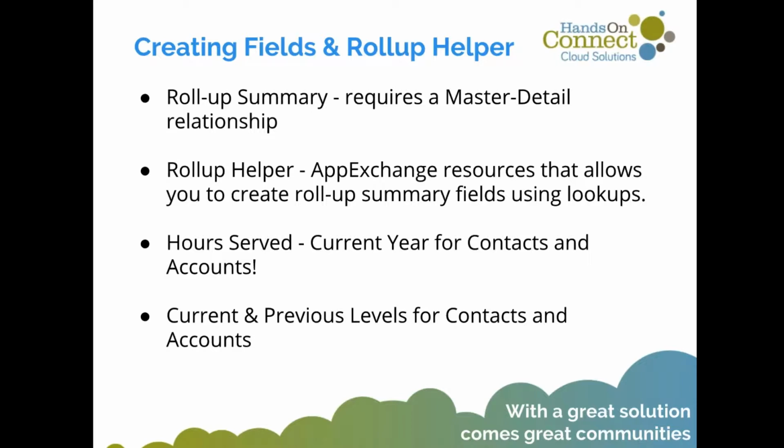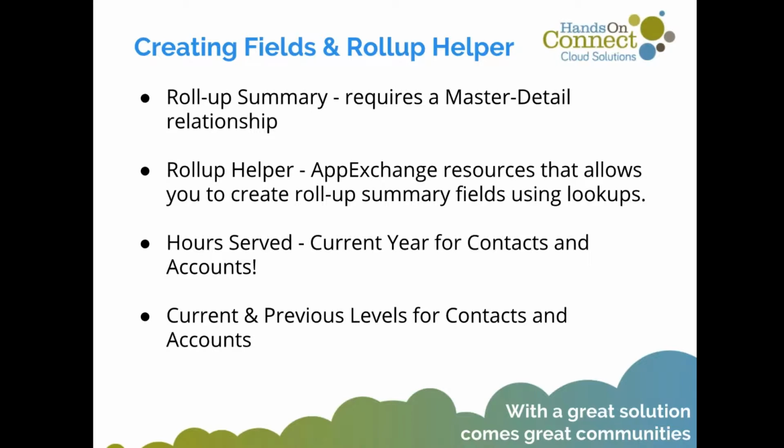One of the things we're going to be using is a field in Salesforce called the Rollup summary. Rollup summaries are only available if you have a master detail relationship between the two objects. In Salesforce, accounts and contacts do not have a master detail relationship. And with Hands-on Connect, the contacts and the connection records also do not have a master detail relationship.